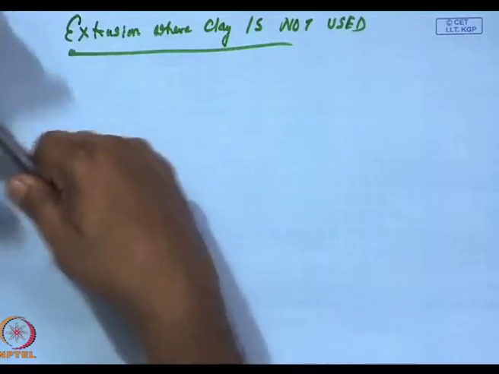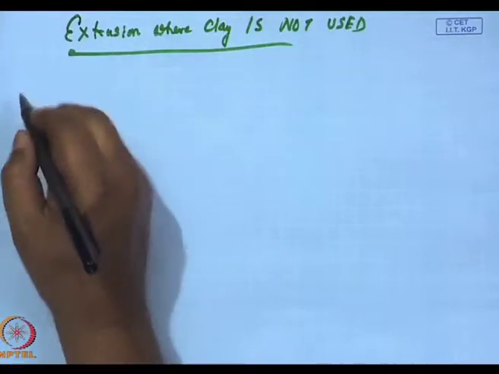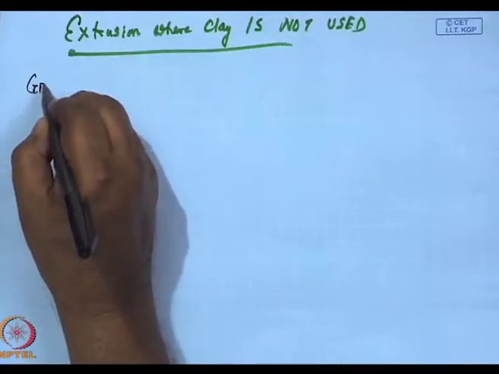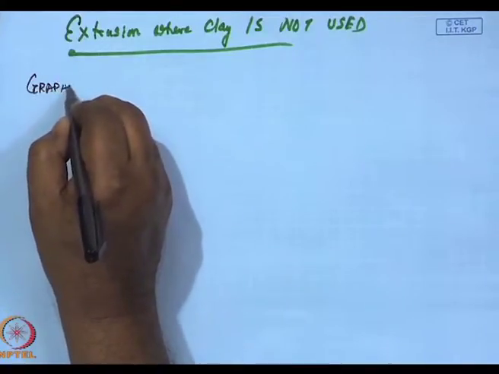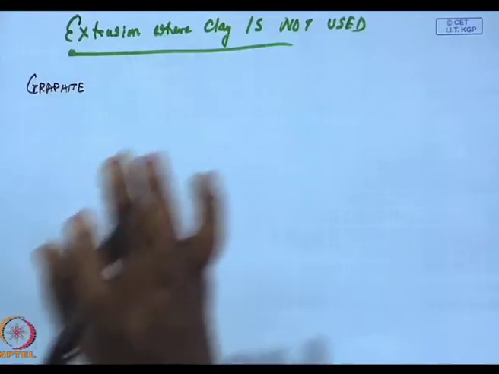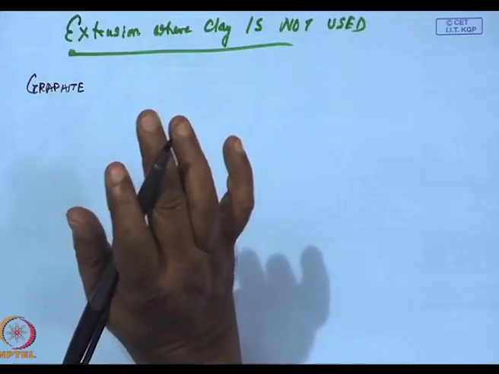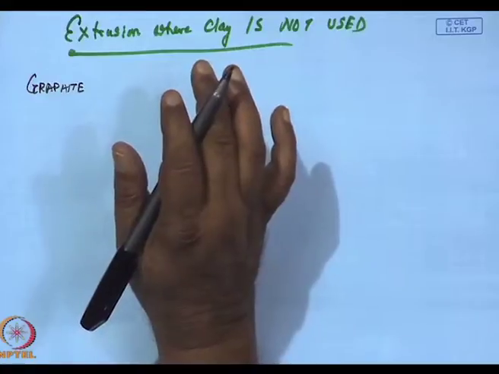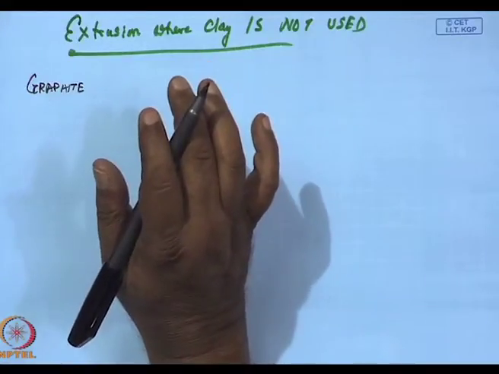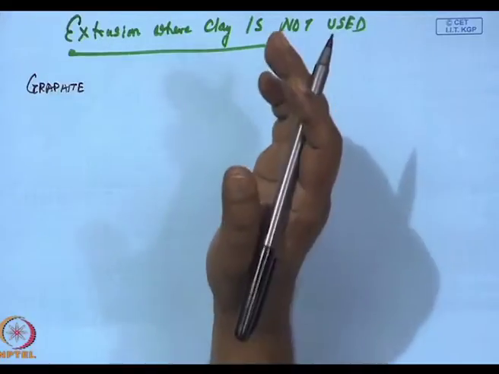Let's take graphite. Let's say I want graphite powders to be mixed, then extruded in the form of rods or tubes.